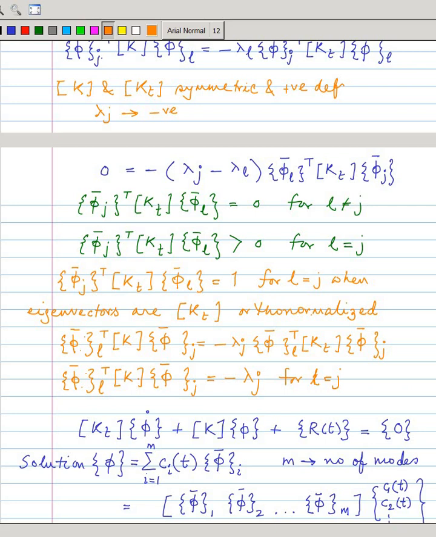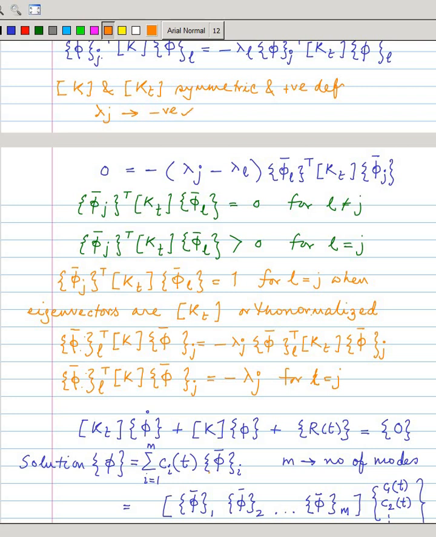And since K is also positive definite, these two are the same. If this is positive definite and these two are the same, the right hand side has to be positive, so lambda j's are negative. So lambda j is negative.